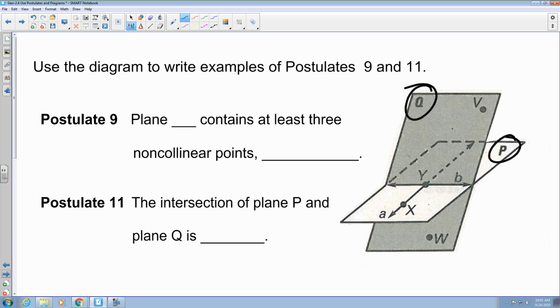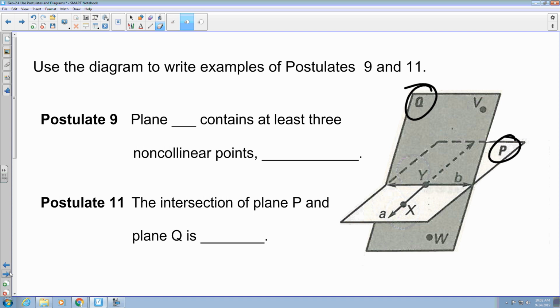That's the name of those two respective planes. If you look here, plane P appears to have only two points on it in this example, Y and X.